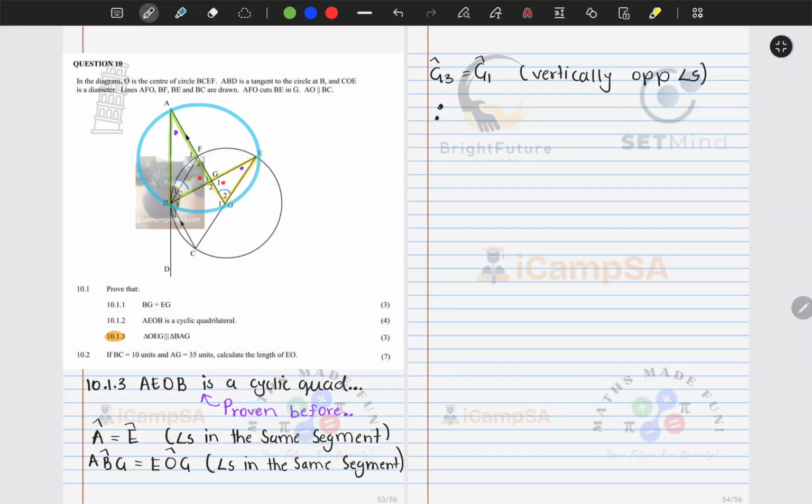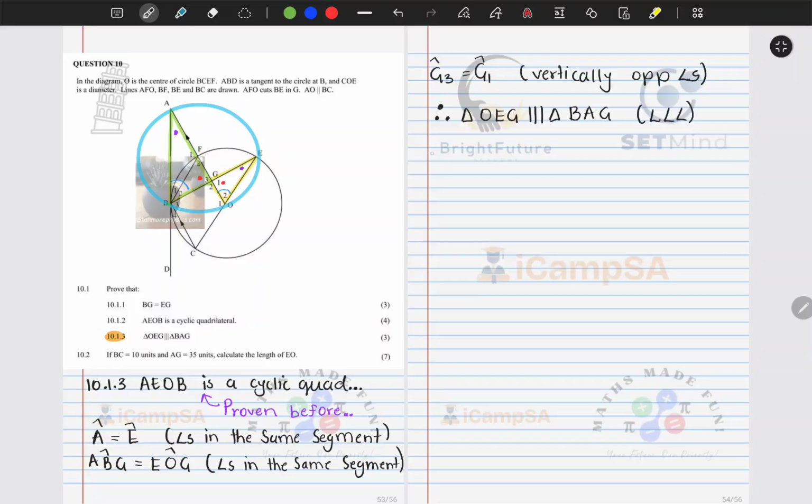So we can conclude, therefore, our triangle OEG is similar to triangle BAG, and the reason is angle, angle, angle. I hope that it does make sense to you guys.